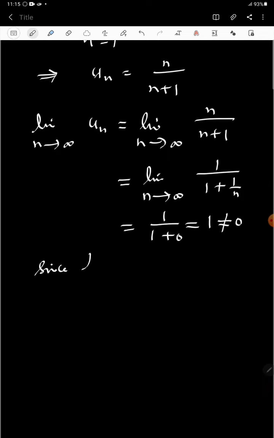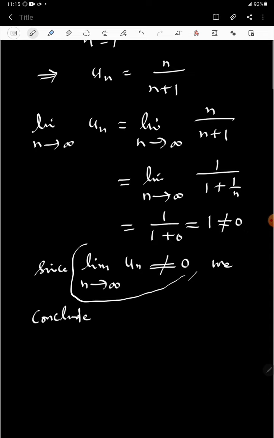Since the limit of un as n tends to infinity is not equal to 0, this part is enough to conclude that sigma un is divergent.